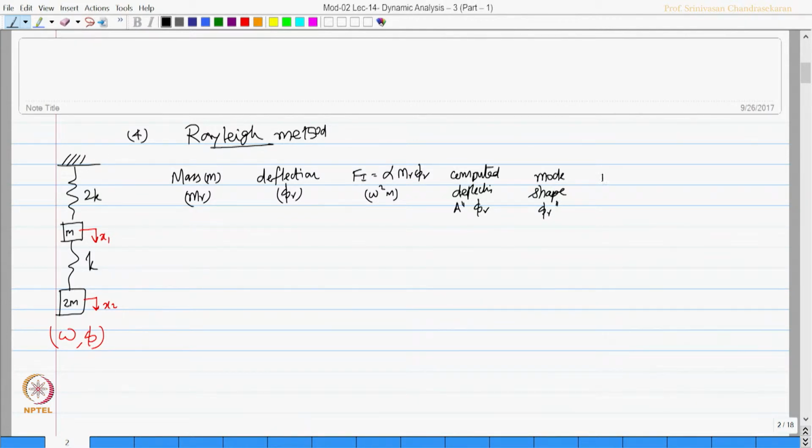Then we say f I of phi r double prime. Then we also find m r phi r double prime square. Let us try to make a table.